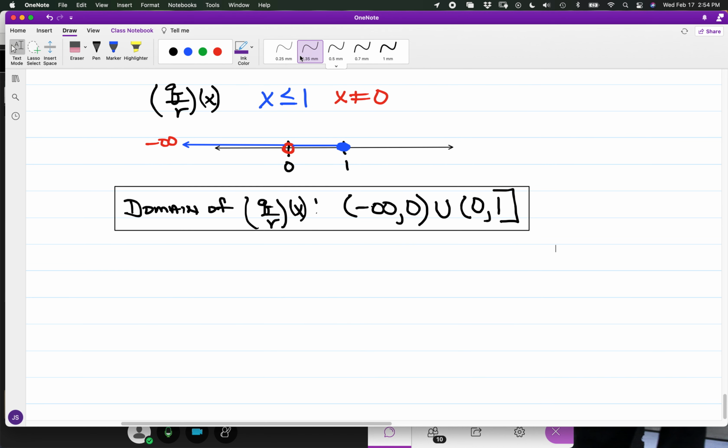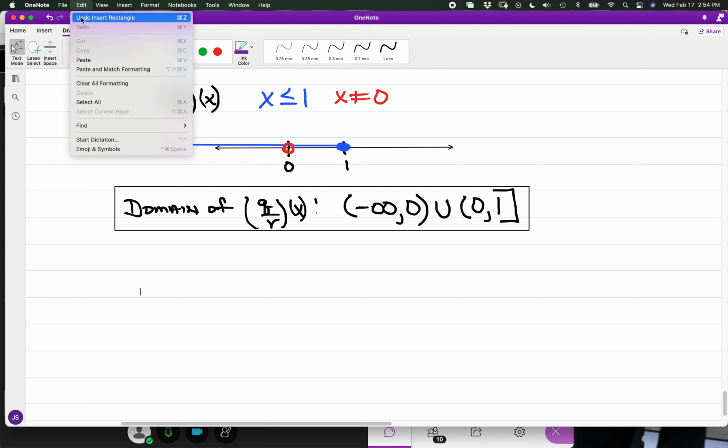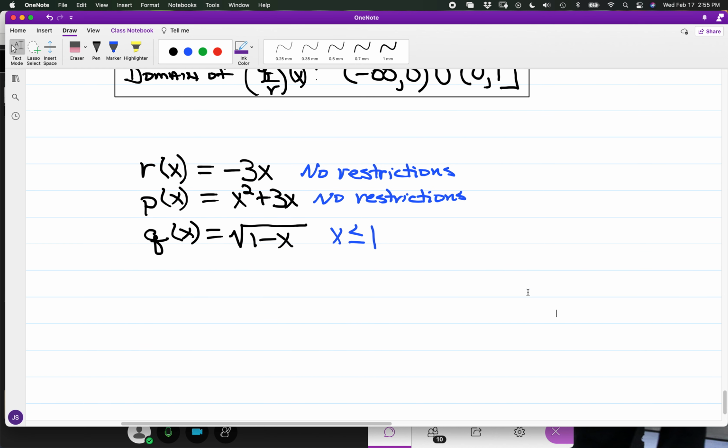And okay, now for 26, now we're flipping the fraction, so to speak. And this time we have r over q of x. Okay, and for what we have here, so we got a quotient function.